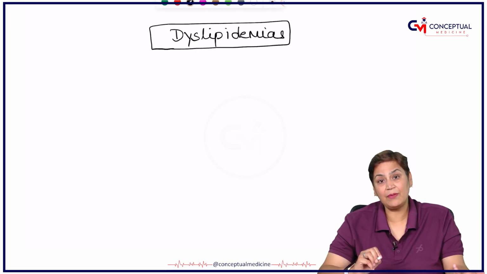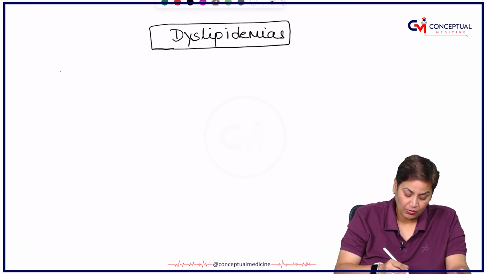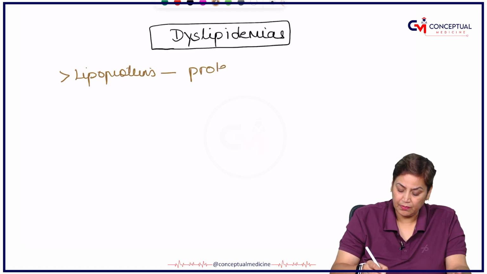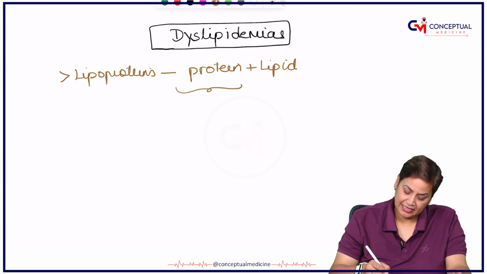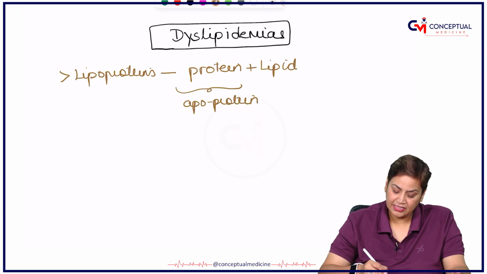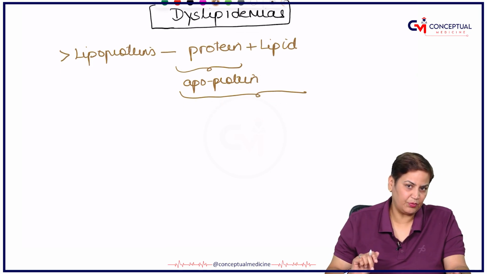So what are lipoproteins? Lipoproteins are complexes of protein and lipid. Just the protein part is known as apoprotein. Okay, and this overall forms lipoproteins.